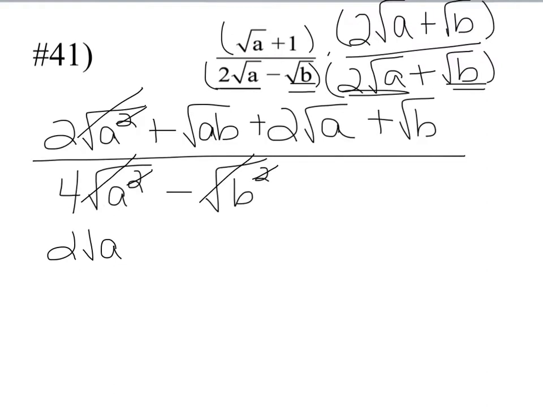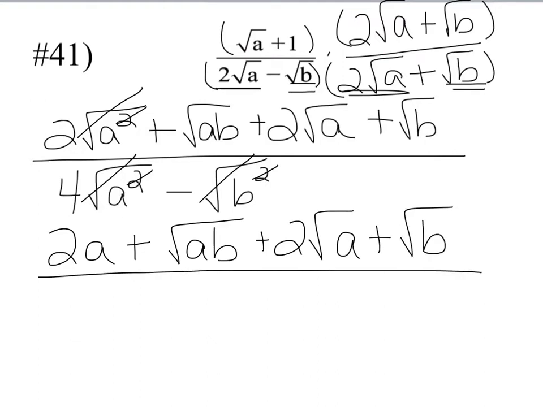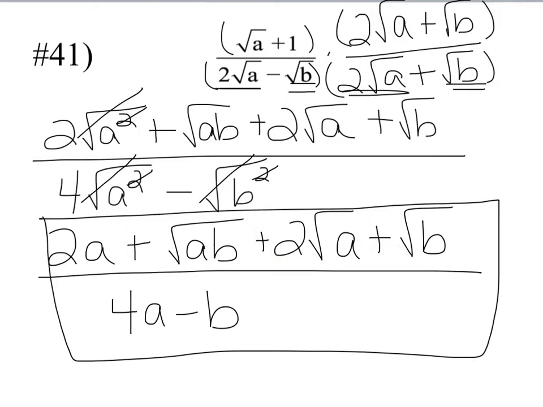So then this becomes 2a plus the square root of ab plus 2 square roots of a plus the square root of b all over 4a minus b. And nothing can cancel because all of these pluses and minuses mean that it's all one thing and you can't just pick and choose what you want to use.